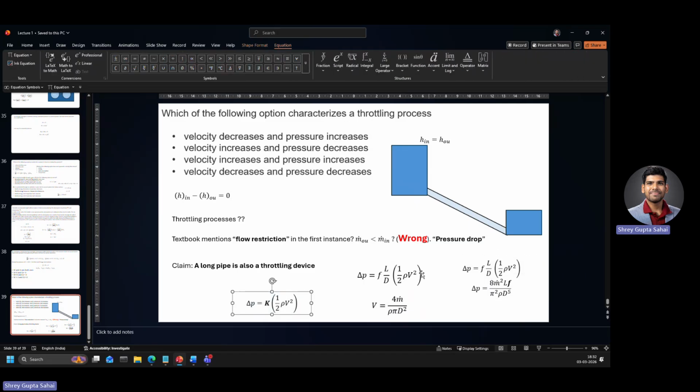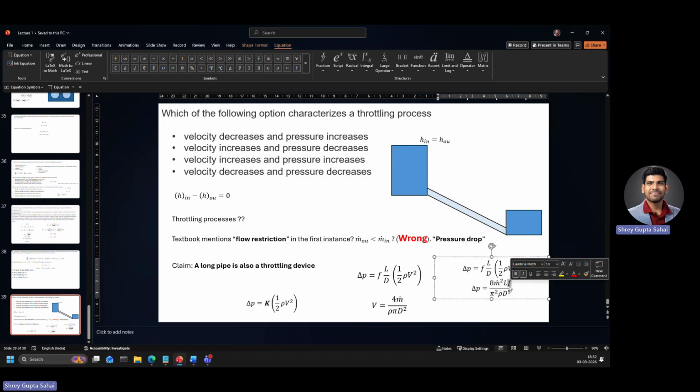Now note, across a pipe, the friction factor f is a function of Reynolds number, and Reynolds number is a big function of m dot. So if I substitute for f in terms of m dot, you can see that f is not independent of mass flow rate. So for a pipe, the pressure drop and the mass flow rate are uniquely dependent; you cannot regulate the friction factor.